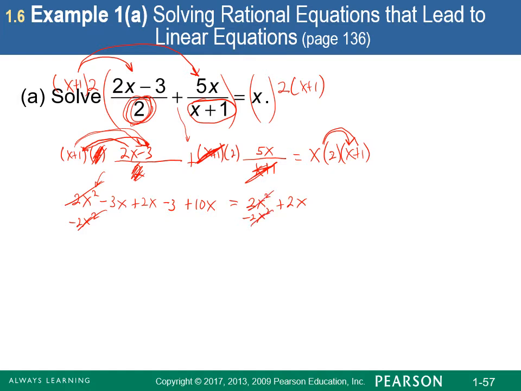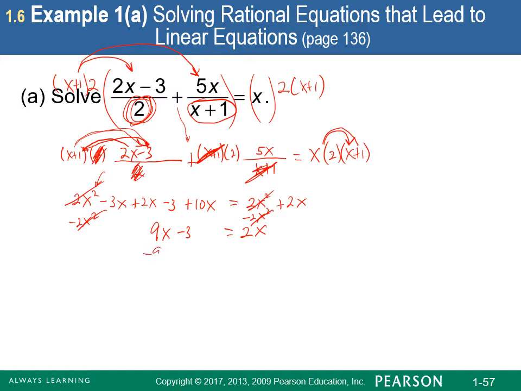That's fortunate. We got some x's over on the left. Negative 3x plus 2x plus 10x is a 9x. And the only thing left on the right is the 2x.